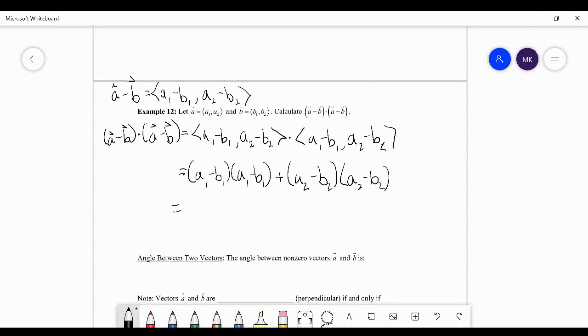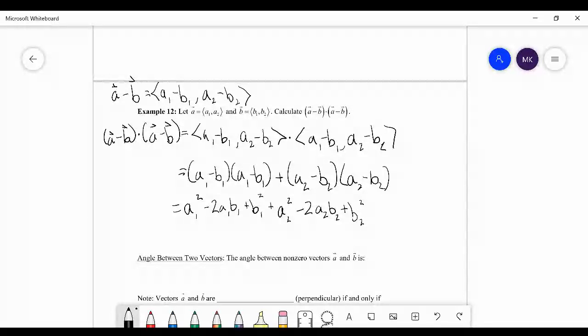Do some fancy distributions, and we get A1 squared minus 2A1 B1 plus B1 squared. Okay, and that's just basic x plus y quantity squared FOIL results. Hopefully you guys are comfortable with that. And then for this other part, we get A2 squared minus 2A2B2 plus B2 squared.